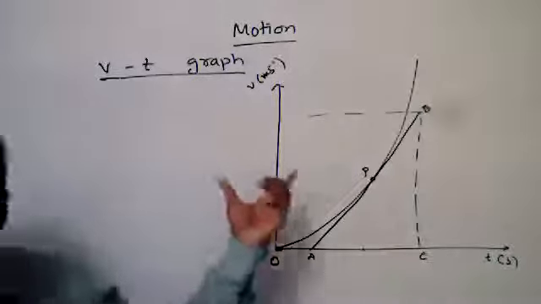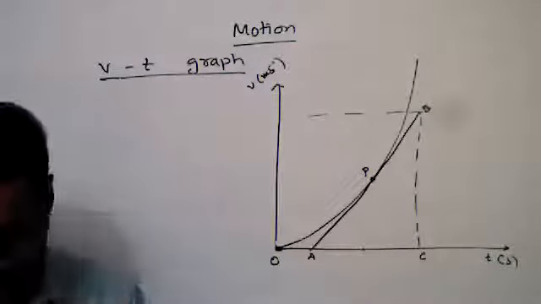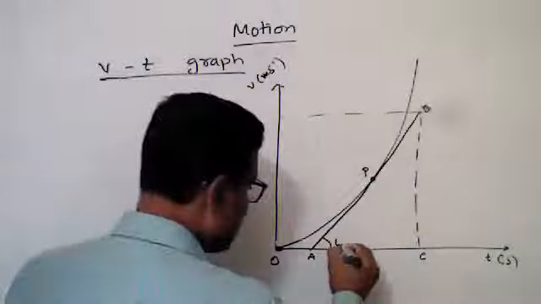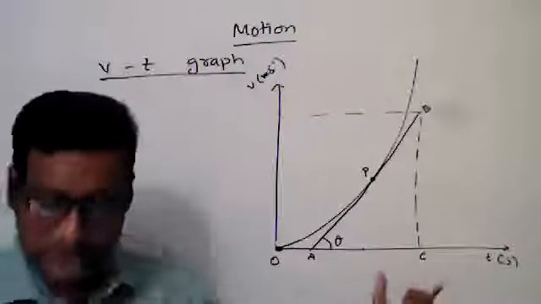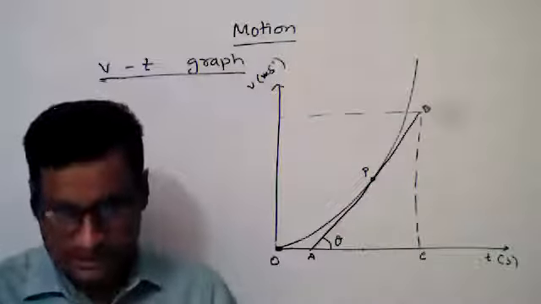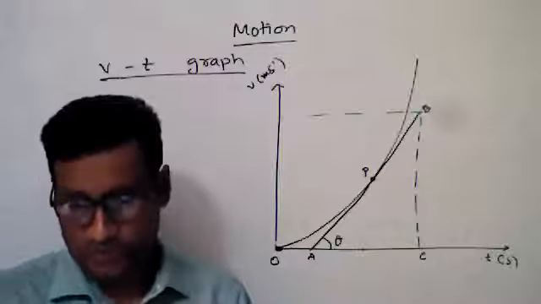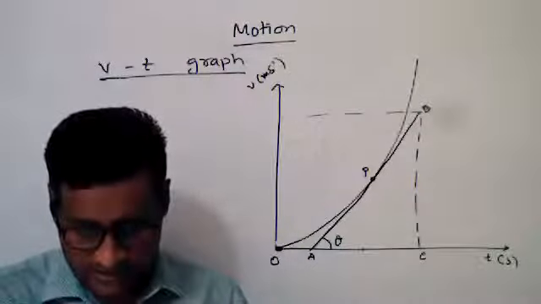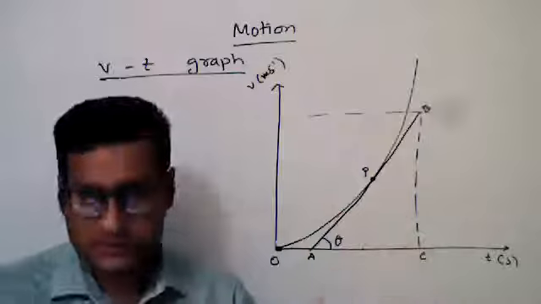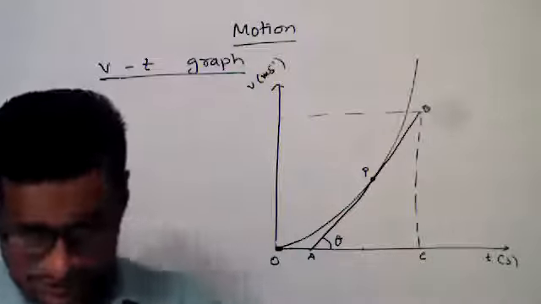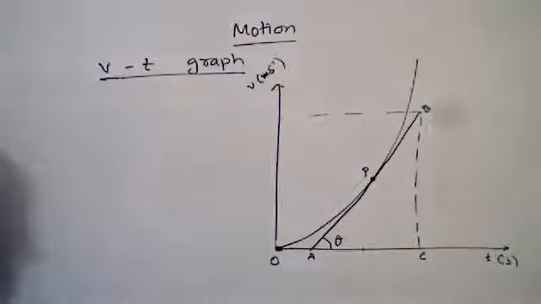Then you can determine the acceleration using this. If this is theta, then you can also determine the acceleration using tan theta from the slope. We know that in a velocity-time graph, slope denotes the acceleration. Understand?